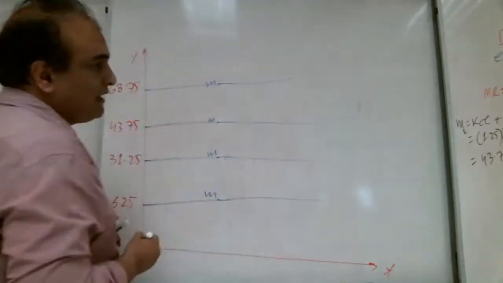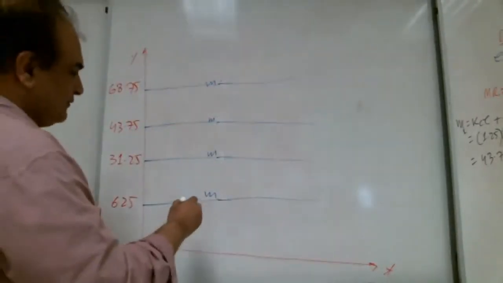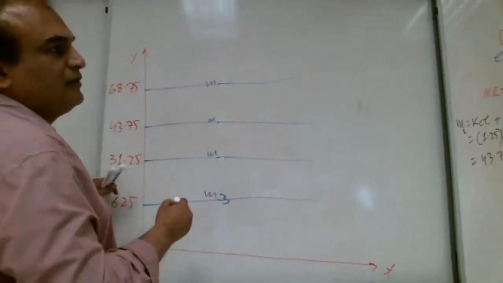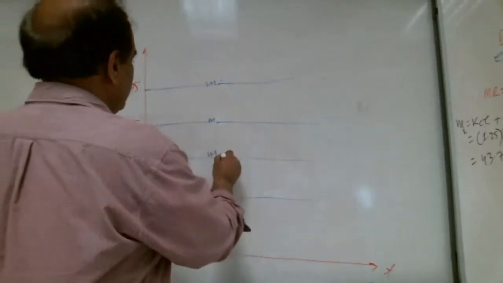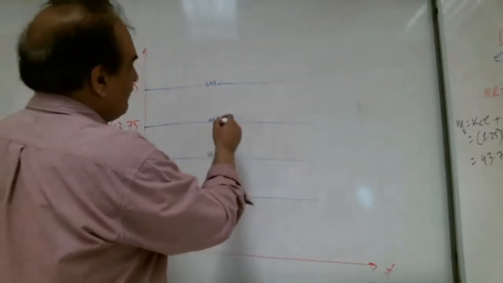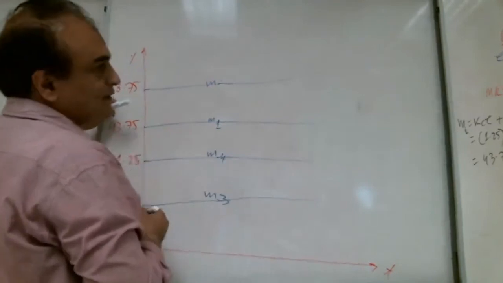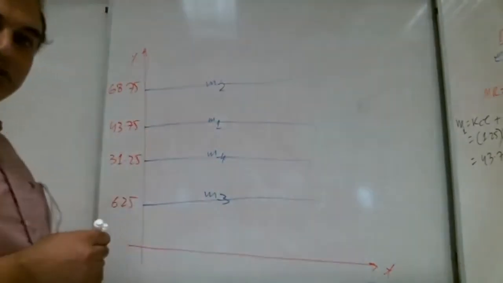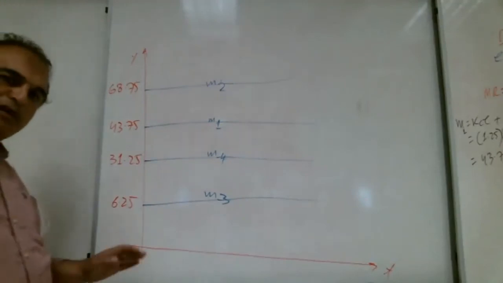So, 6.25 is M3. 31.25 is M4. 43.75 is M1. And 68.75 is M2. So, this one is the proper way.